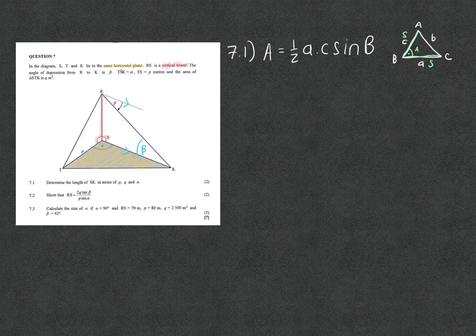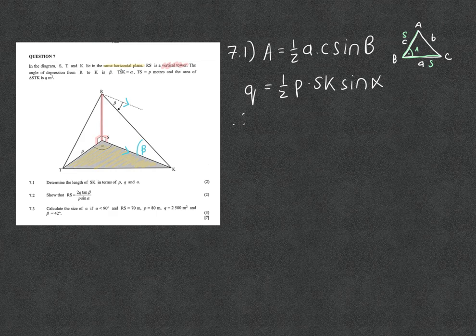Okay, so let's make our equation. We've got the area of STK, which is Q, and that is equal to a half times P times SK sine of alpha. And now we just make SK the subject of the formula. So times both sides by 2.